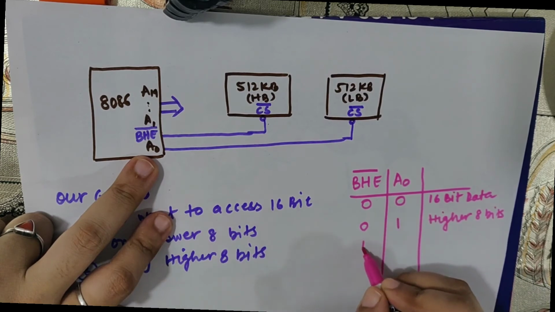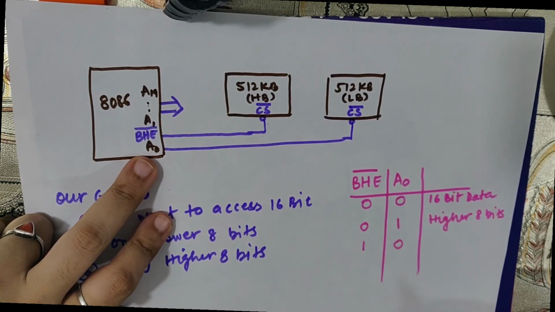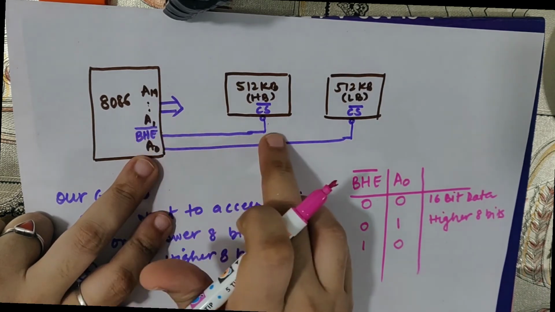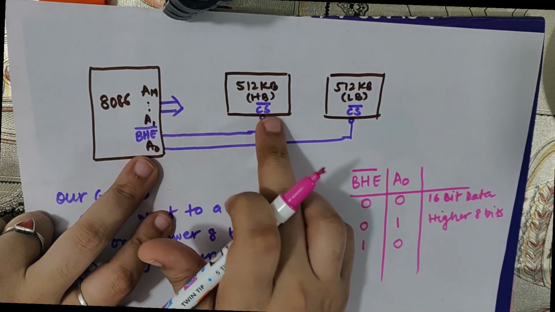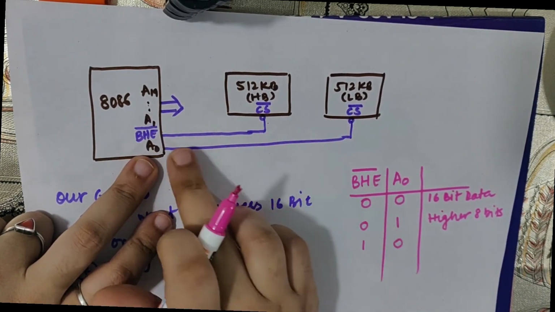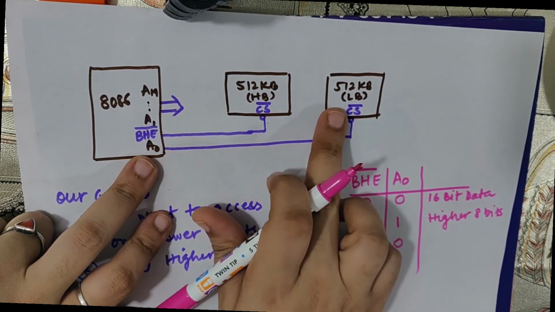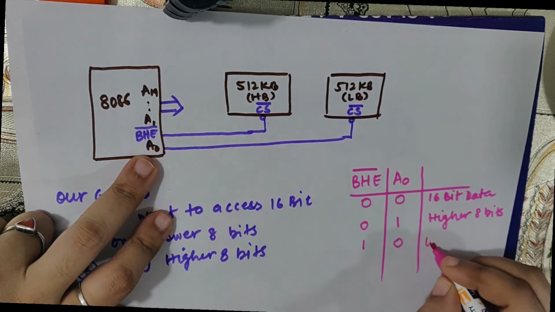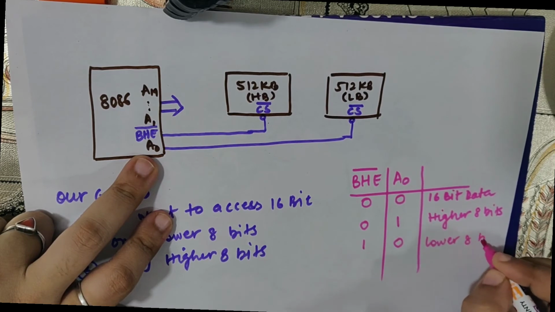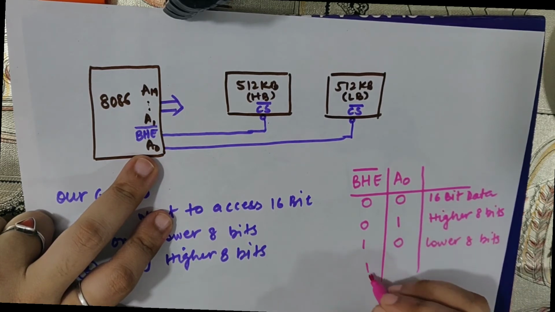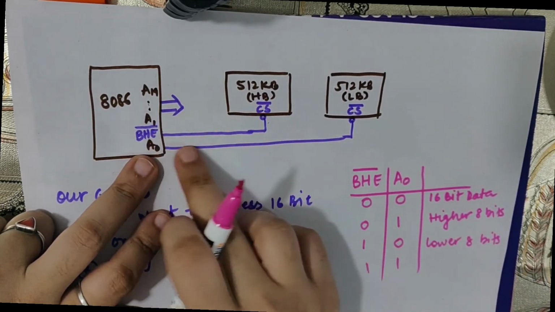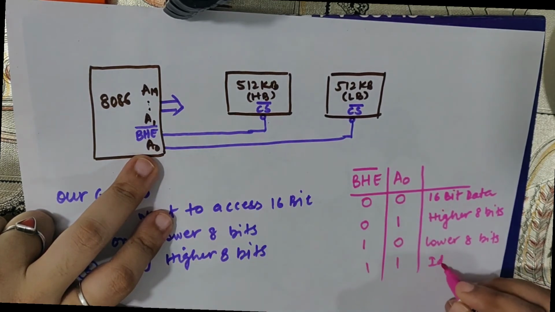When we have BHE bar as 1 and A0 as 0, BHE bar being 1 means this chip select signal will get 1, so it will not be activated. Only A0 is 0, so this lower bank will be enabled, and we will be able to select the lower 8 bits. When both of them are 1, none of the chips will be selected.